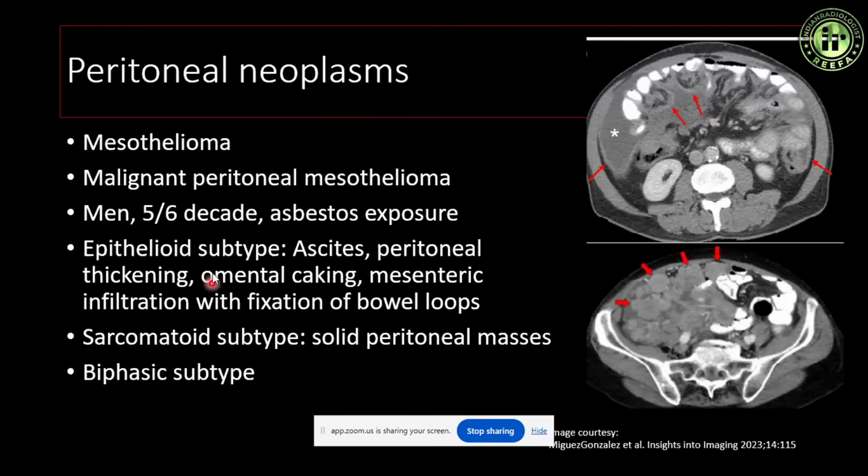You can have an appearance, depending on the subtype of malignant peritoneal mesothelioma, that simulates peritoneal carcinomatosis, which is like ascites, peritoneal thickening, omental caking, and so forth. In the sarcomatoid subtype, it simulates peritoneal sarcomatosis, where you have a lot more solid peritoneal involvement, while there is a lot more ascites and peritoneal thickening in the epithelioid subtype.